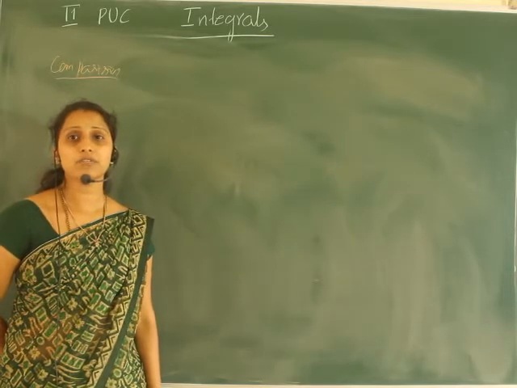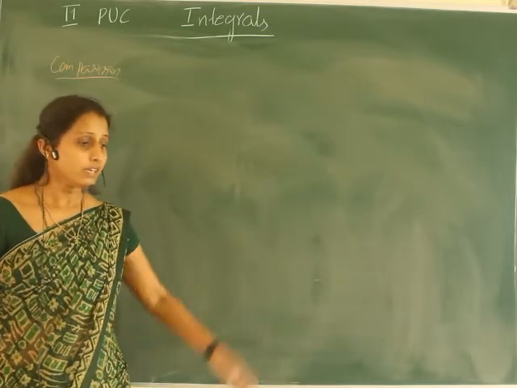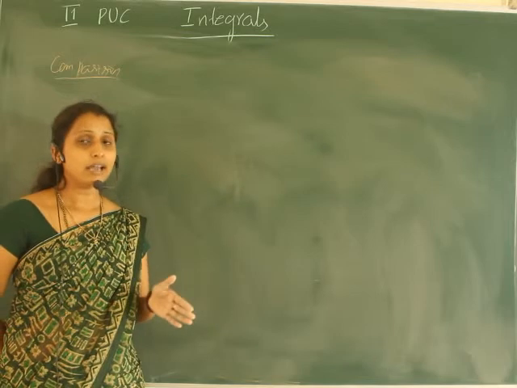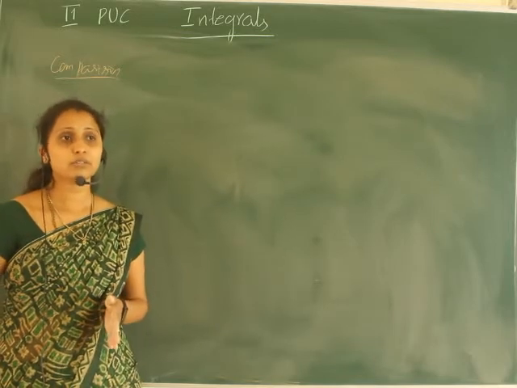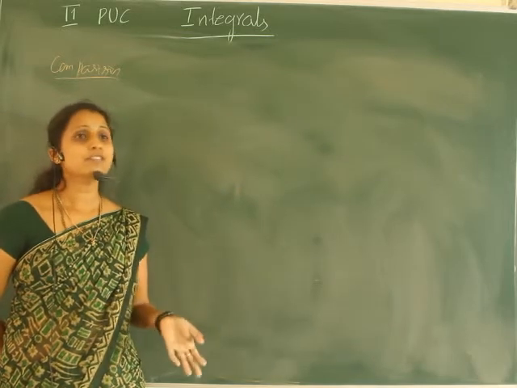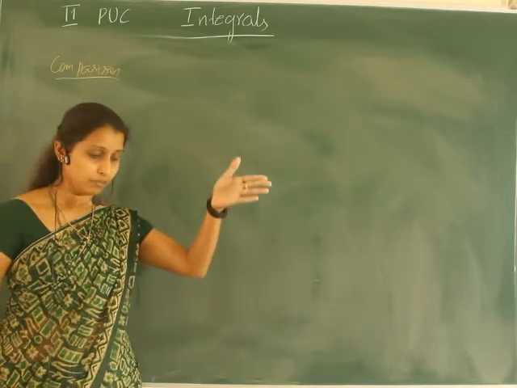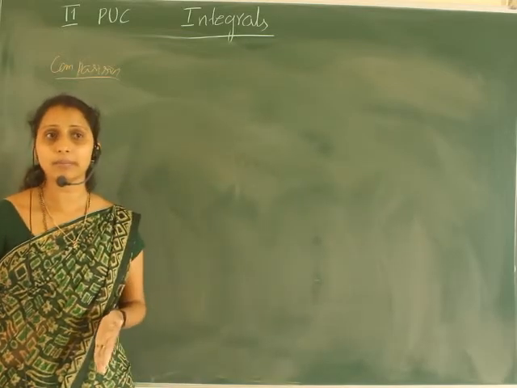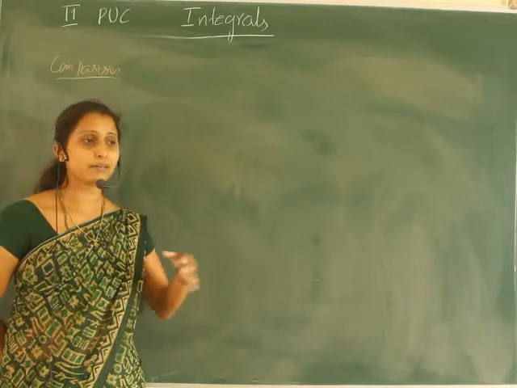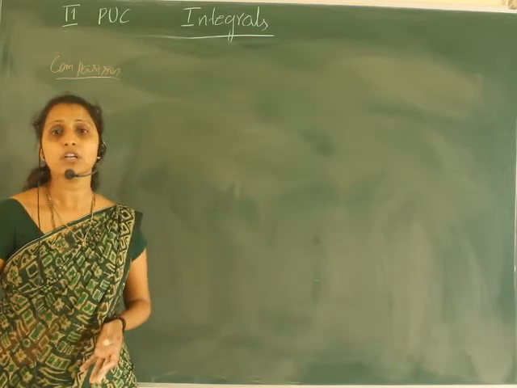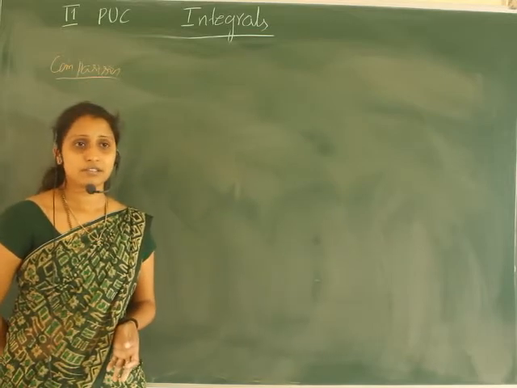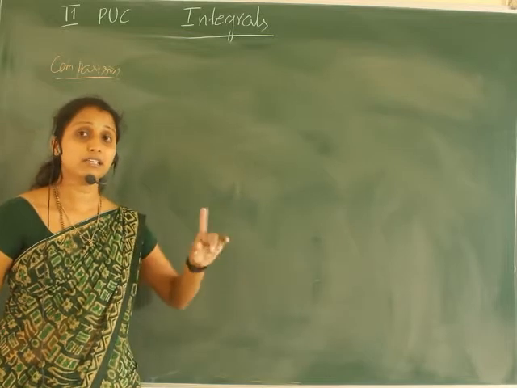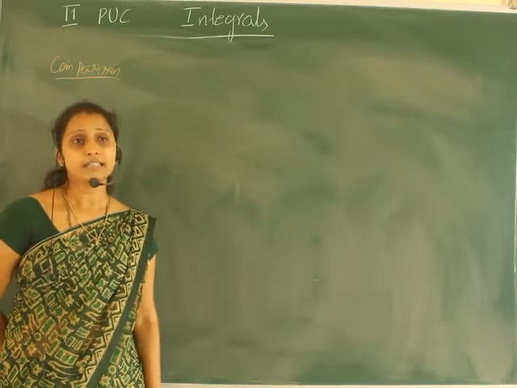When we draw a line through that family of curves at a particular point, that gives the tangent. But differentiation gives the slope of the tangent.